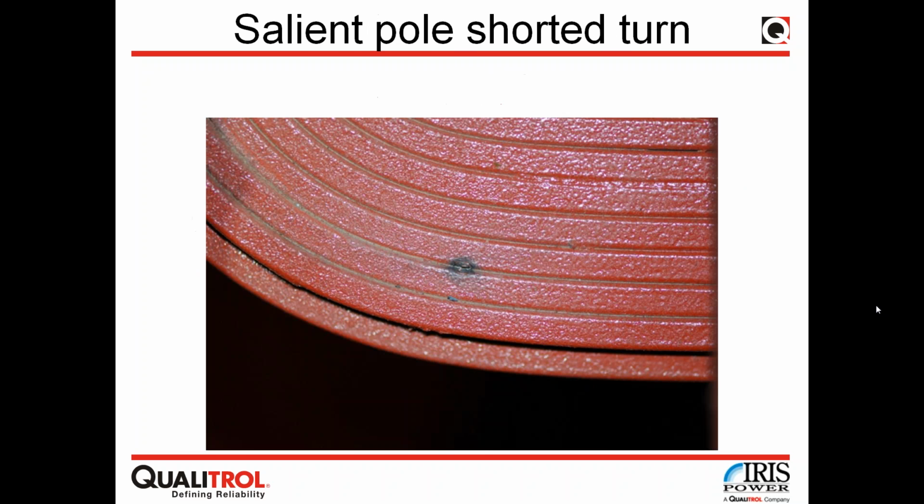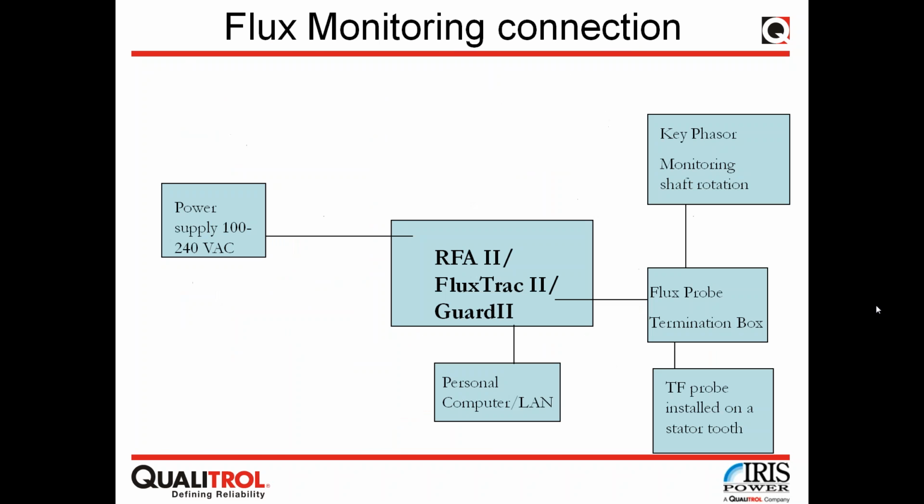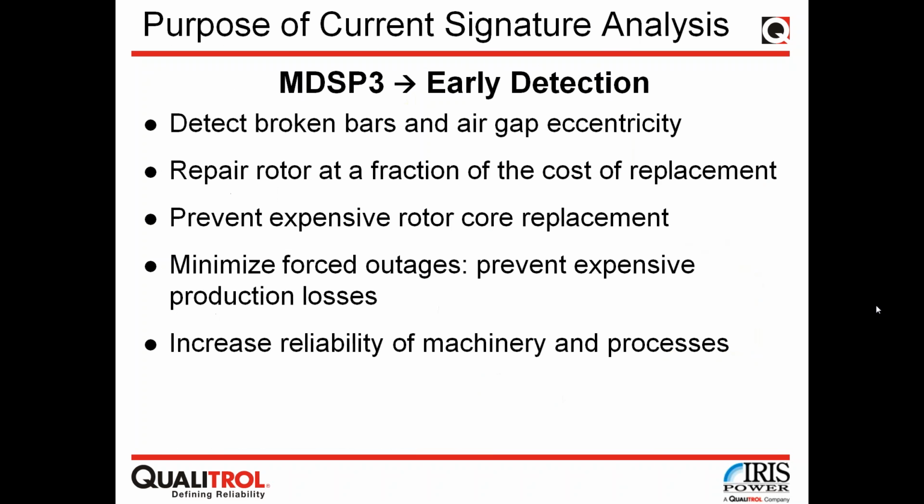However, when we are talking about squirrel cage motors, eccentricity is measured based on harmonics in a signal that we analyze. This is basically current signature analysis. I didn't go very deep in explaining the results, but eccentricity will be expressed in a number, as a percentage.